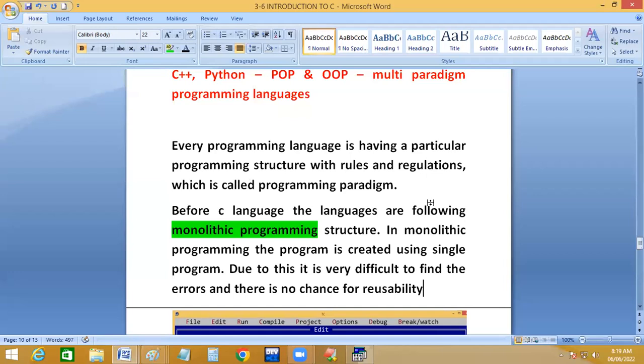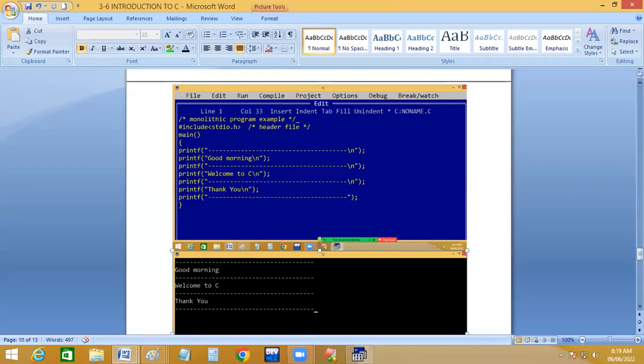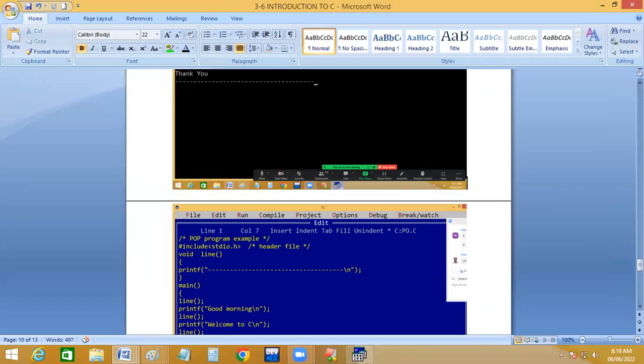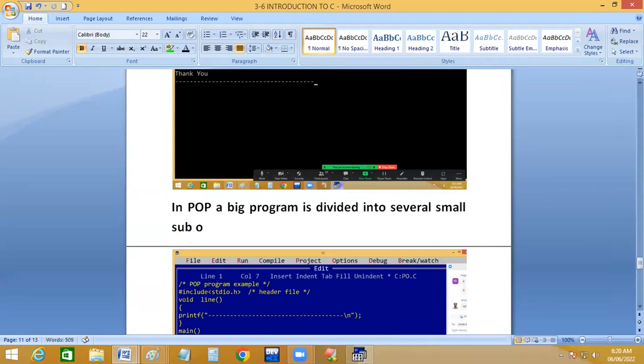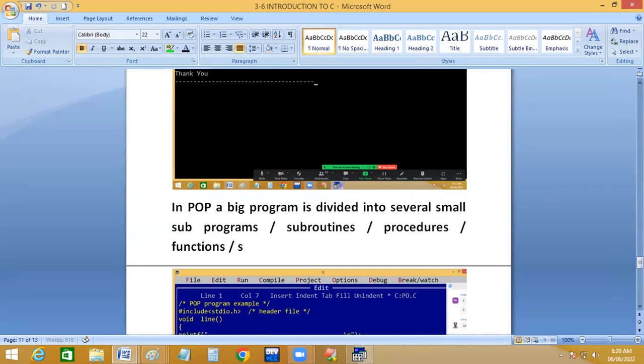Right. Next, in POP, a big program is divided into several small parts, which are called subprograms, also called subroutines, which are technically called procedures, functions or modules.